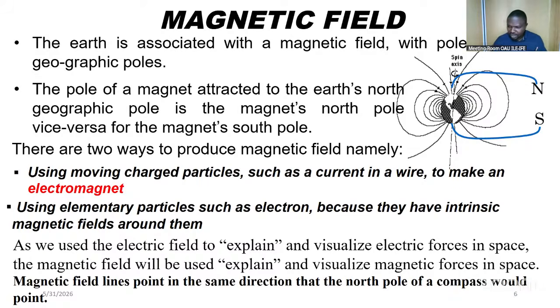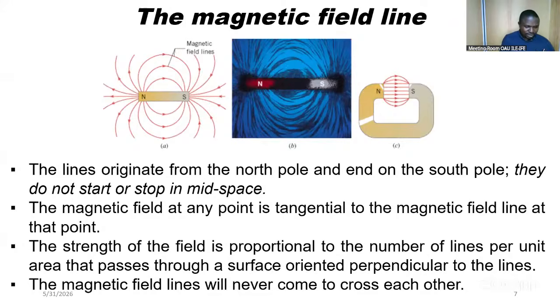Now if we go a bit further, as I said earlier when explaining the magnetic field line, you have a bar magnet. How many of you know iron filings? If you have been to a farm before, when you sharpen your knife or cutlass, you see some tiny iron particles. That is what we call iron filings.